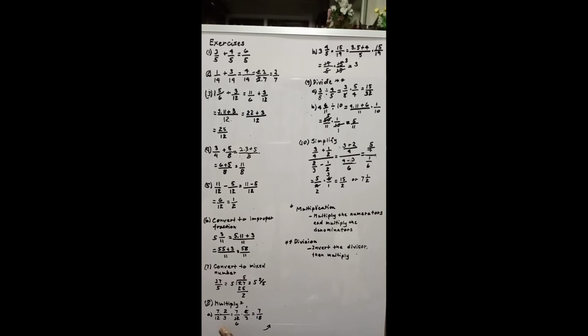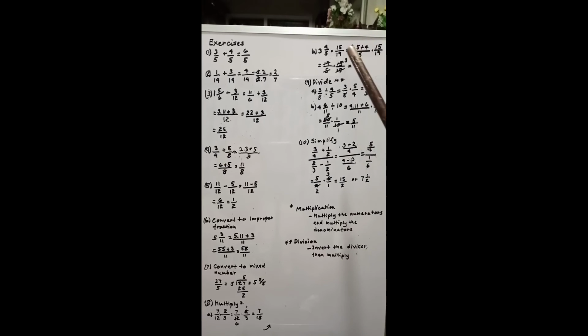But take note that we can use cancellation of the two numbers 12 and 2 by using 2. So you have here 2 divided by 2 is 1, and then 12 divided by 2 is 6. Now we can proceed to multiplication. So 7 times 1 equals 7, and 6 times 3 equals 18. So that is the final answer.